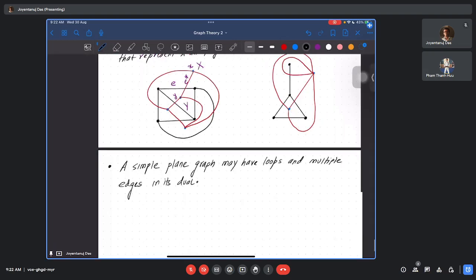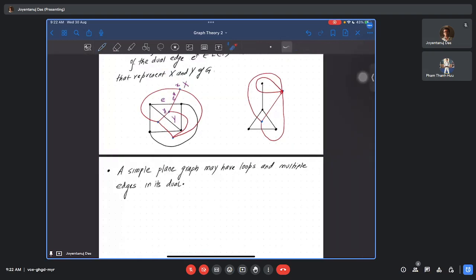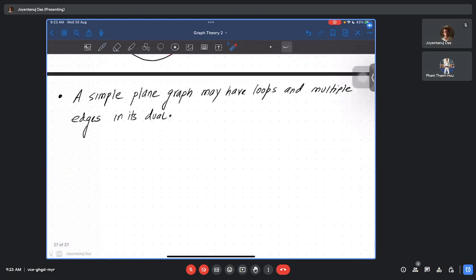For example, here we also have multiple edges. Between this and this, I have one edge, two edges, and three edges. So multiple edges you can also have in the dual.